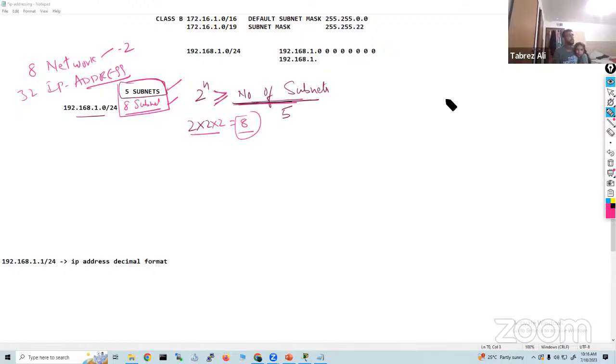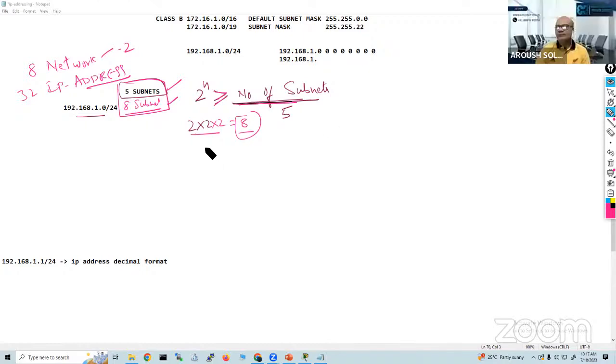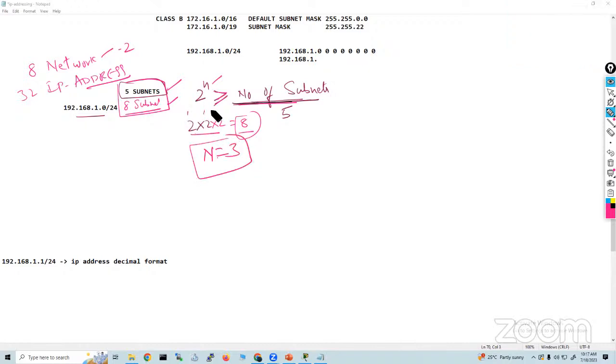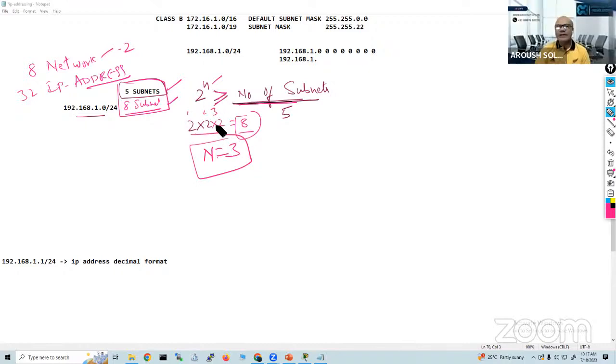Hafiz, understood, right? We have 2 raised to the power 3 giving us 8 subnets or 8 networks, right? So the n value will become 3, because 2 times 2 times 2. Now I am taking the last octet. This is class C. The last octet is 1, 2, 3, 4, 5, 6, 7, 8.